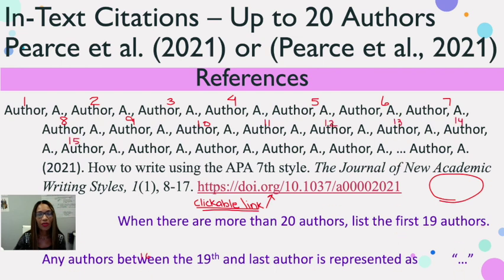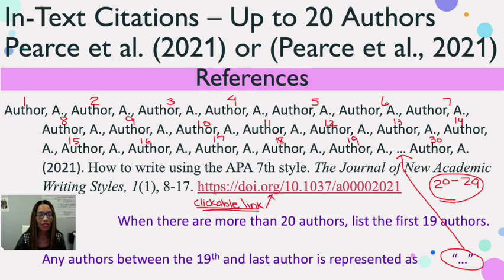I would reference the first 19 authors, and if there were 30, I would enter the last one on the article, which would be the 30th author, and then the ones from 20 to 29 would be represented with the ellipsis sign. I'm not sure what that's called, but that's how the authors in between 19 and 30 will be represented in the references section, since for APA they only want you to list up to 20 authors.